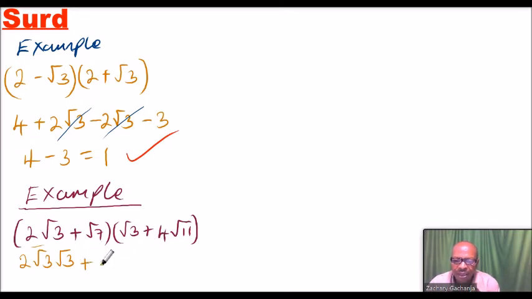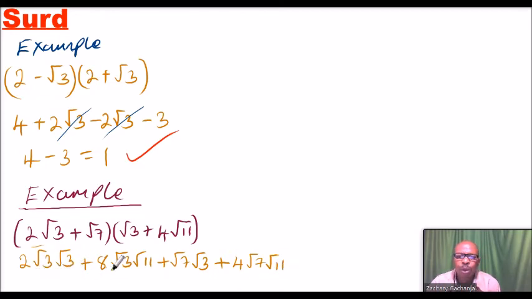So we say it is plus 8. Then you multiply root 3 times root 11. We come to root 7 multiplied by root 3. And finally we have plus root 7 times 4 root 11. So this is 4 the root of 7 the root of 11.